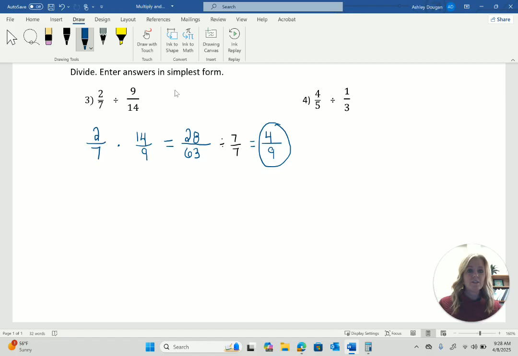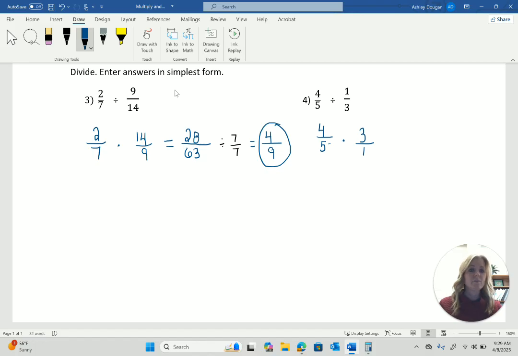Since it's division, we're going to keep the first number the same. Then we flip the second fraction, so 3 over 1. And then I change the division to multiplication. Then from there, I multiply straight across and simplify.